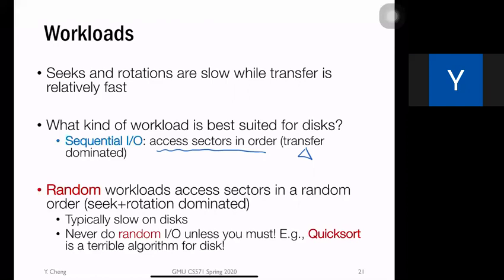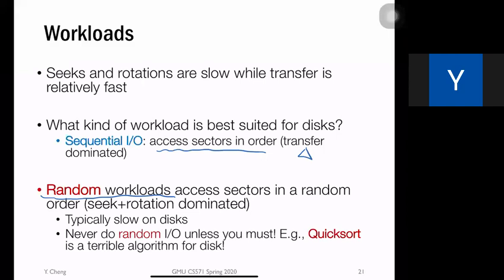Okay. On the other hand, what kind of workloads are especially bad for hard disk drive? Random workloads, random small IOs, okay? So that means on the random IOs, your disk arm, your disk head, as well as this platter surface, need to be working like crazy, right?